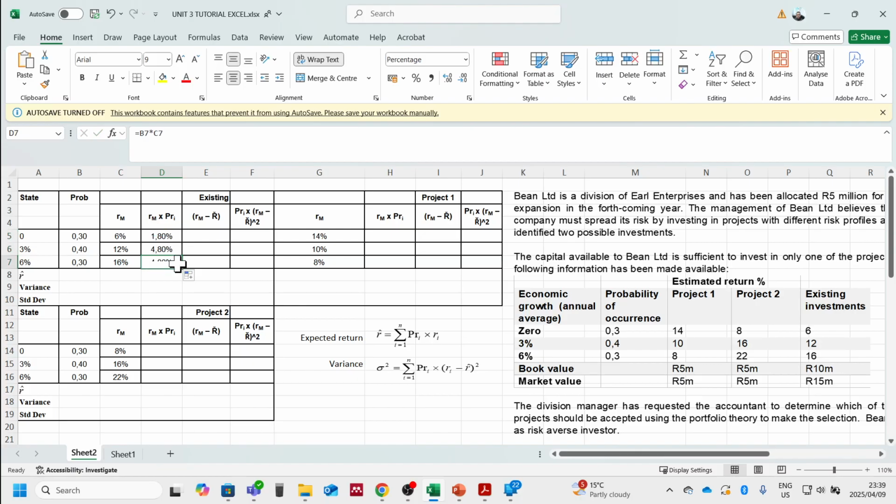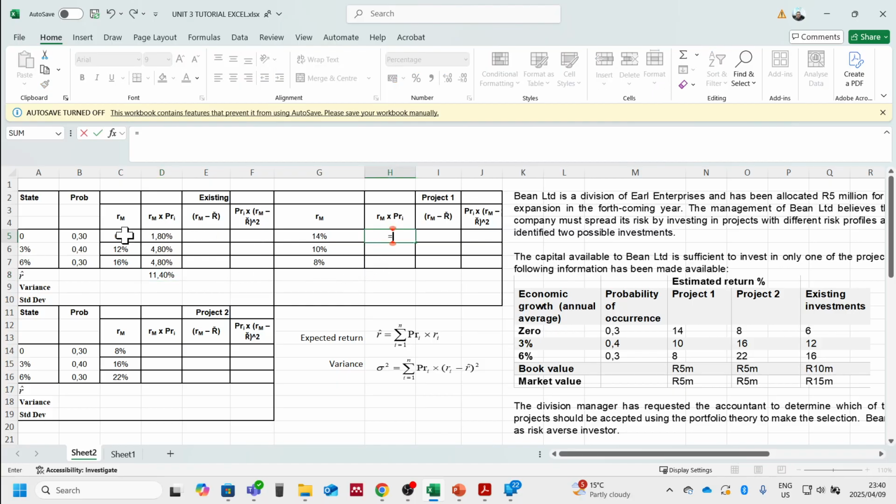We repeat this: during 3% growth, the expected return is 4.8, and during 6% growth, the expected return is also 4.8. Therefore, we calculate the expected return of this project by saying 1.8 plus 4.8 plus 4.8, which gives us a total expected return of 11.4%.